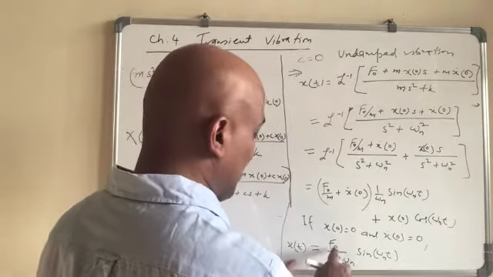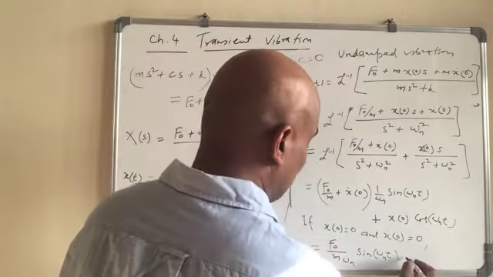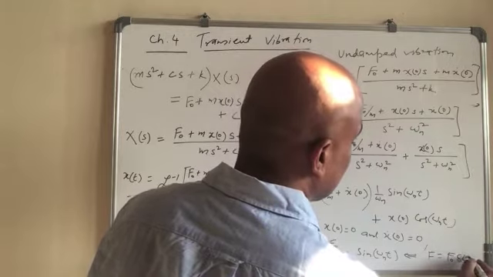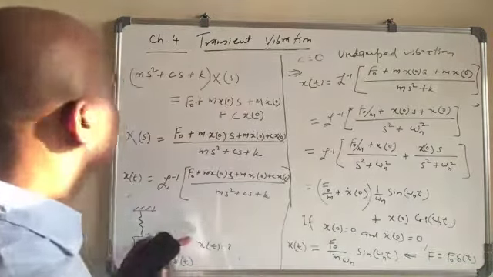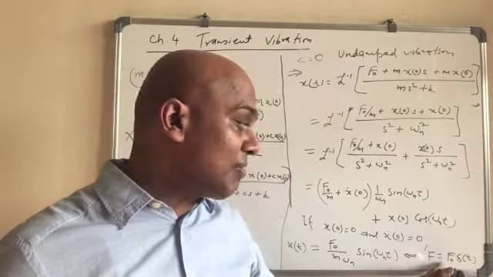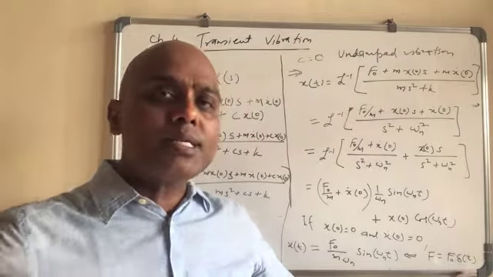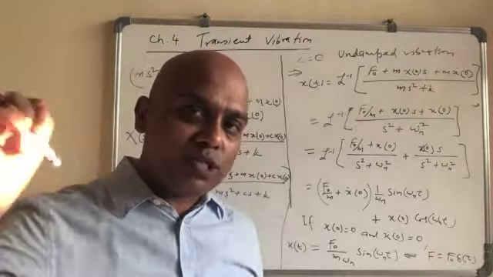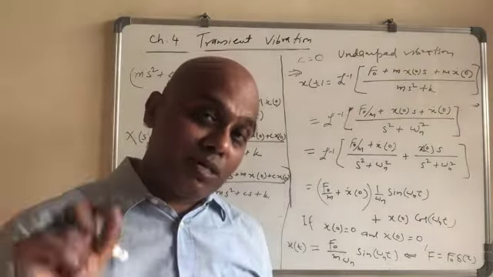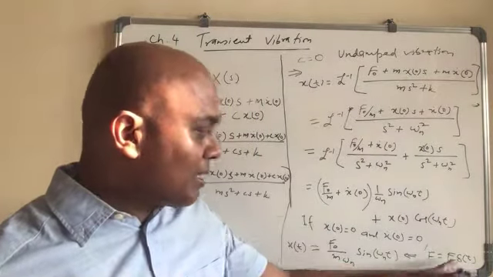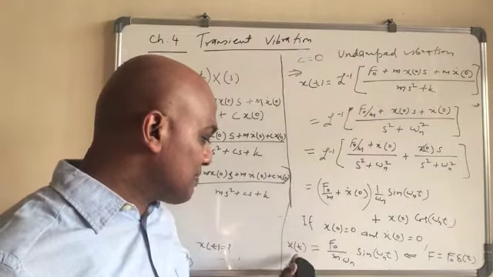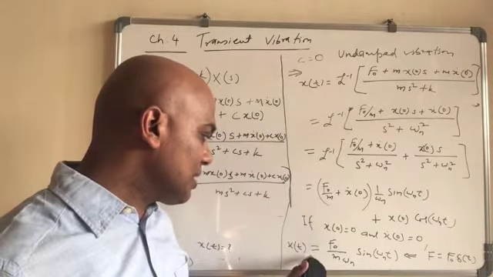So this is the solution when F equals F naught delta t. If you apply to a spring mass system a force equal to F naught delta t, meaning an impulse force, you just apply a force which lasts for a very small time, then you get a solution x(t) which looks like this.